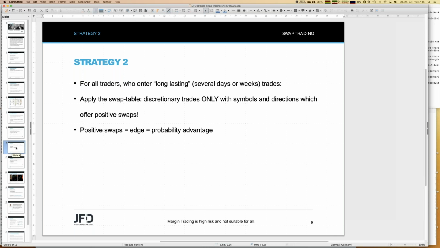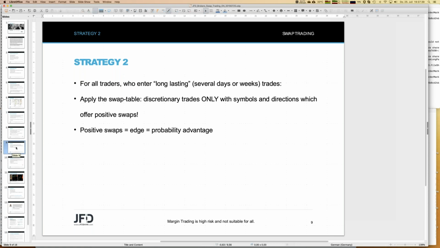Thinking about it, if you are a trader who is really doing long-lasting trades, and with long-lasting I mean really several days, several weeks, or even months, and you have those trades within your trading portfolio, trading ideas, trading strategies, then I can only highly recommend using that swap table as an additional input.